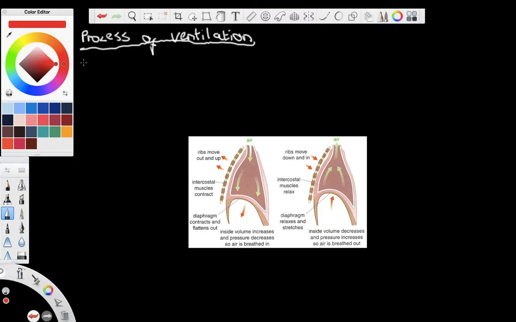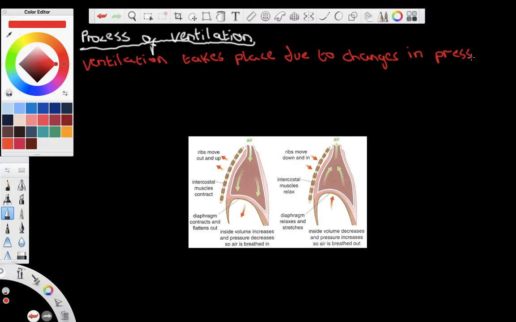So we can say that ventilation takes place due to changes in pressure within the chest cavity.